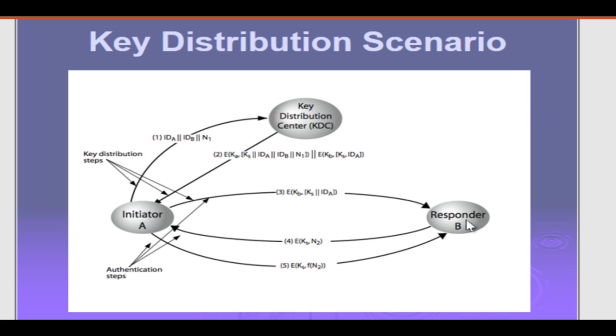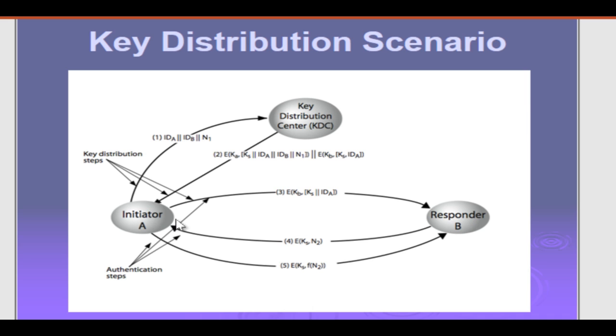After receiving the session key, B returns a message to A, encrypted using the session key, and sends a nonce. For authentication purposes, it sends a nonce to A, so that A confirms that B received the session key.